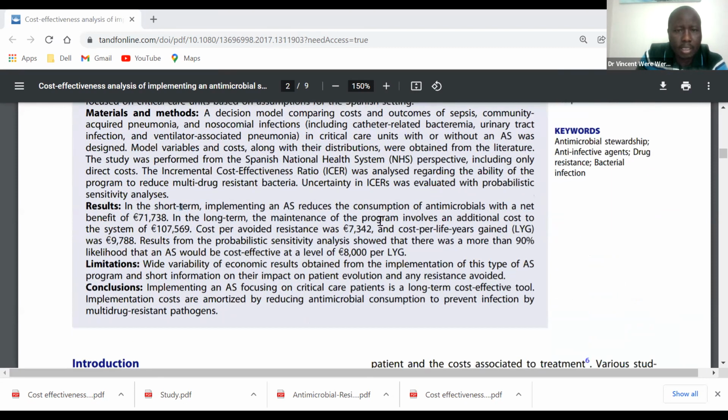In this particular study, the benefit of implementing an AMS is that they wanted to reduce the cost per life gained. If you save lives and reduce morbidity, how much does it cost to achieve that? That's why they talk about cost per life gained.